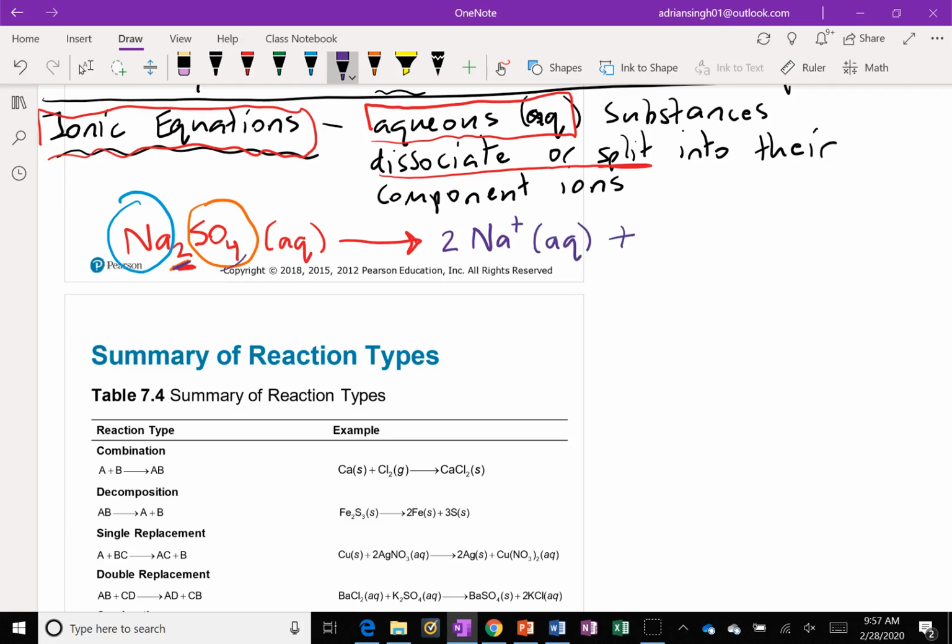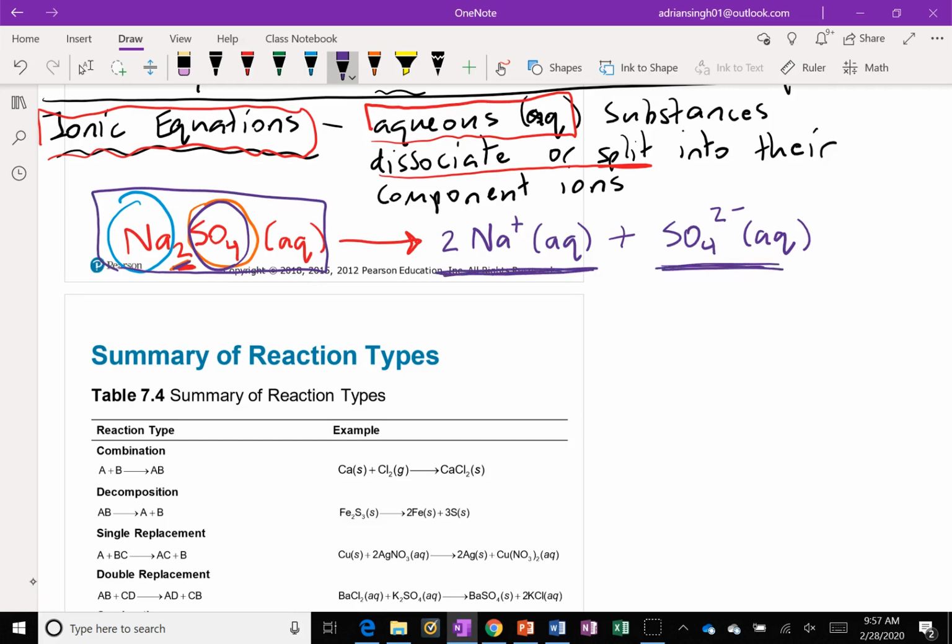And then we also have our sulfate. You have to recognize this now as your polyatomic ion, and that has a 2- charge, and that's Aq, aqueous. So your ionic compound here, that's Aq or aqueous, splits into its components. We have sodium and we have the sulfate. The subscript on the sodium becomes a coefficient on the sodium when it breaks apart.